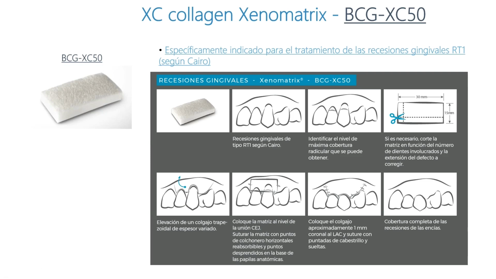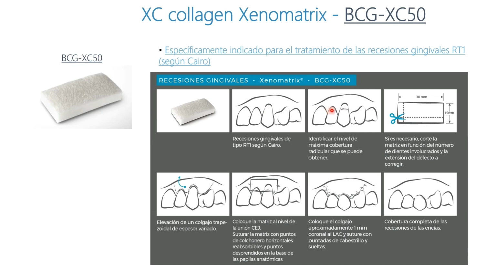As we can see in this scheme, this is how it should be used for the treatment of RT1 gingival recession. Once the recession is identified, it is necessary to determine the maximal level of root coverage that can be obtained.